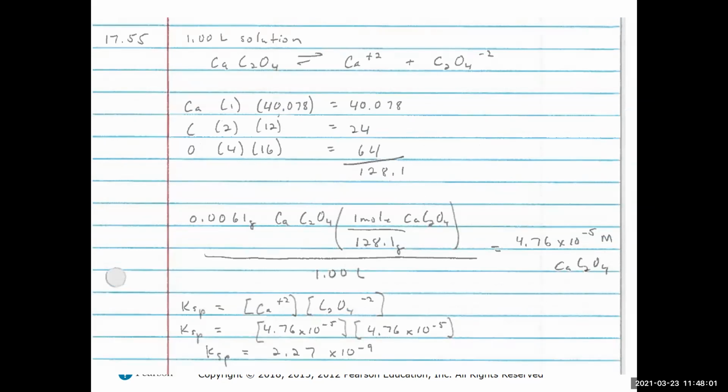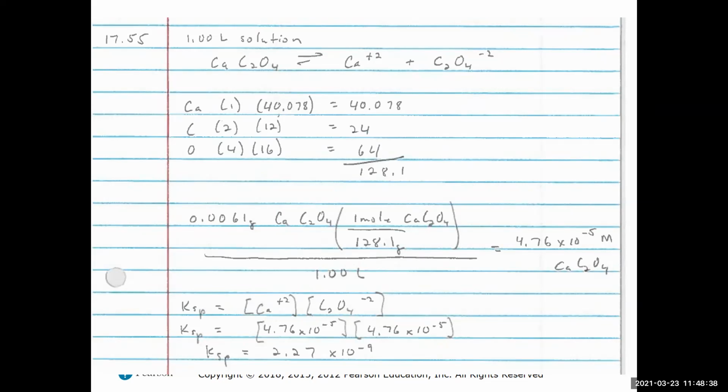Let me briefly look at number 55. In 55, you have a 1 liter solution saturated with calcium oxalate, and it contains 0.0061 grams of calcium oxalate. Calculate the KSP for this salt. Here we have a gram value, and as we said before, if you have grams, you have to get it into moles.